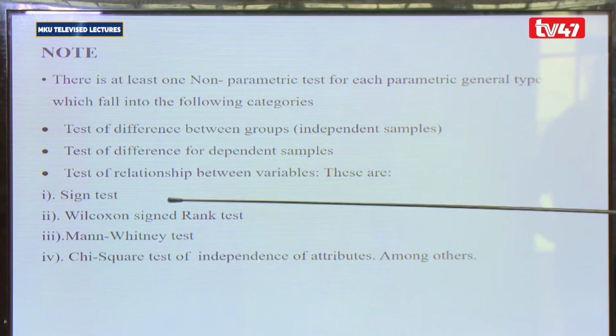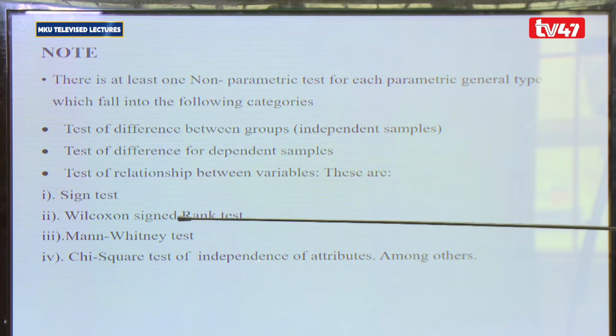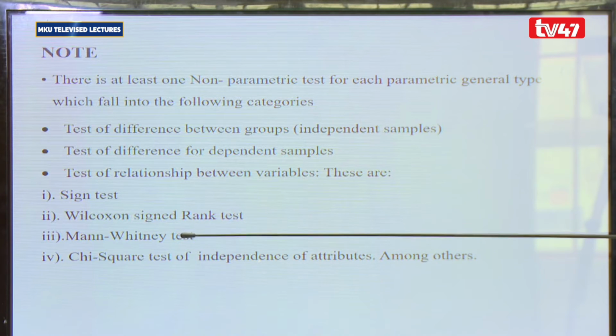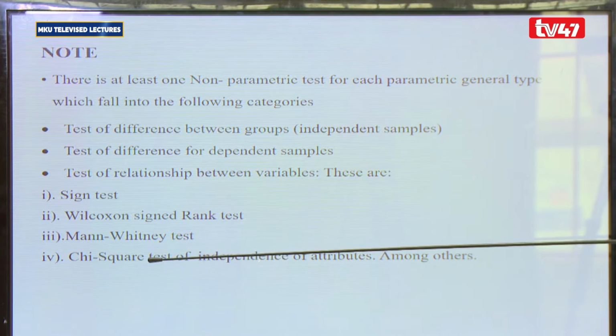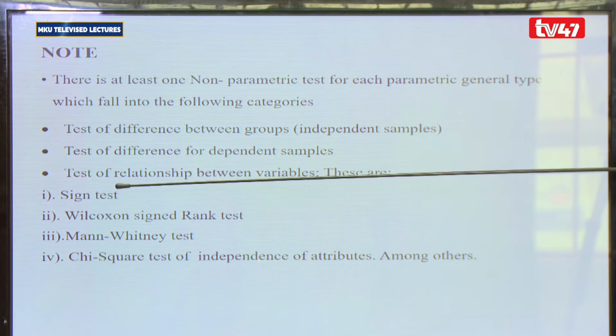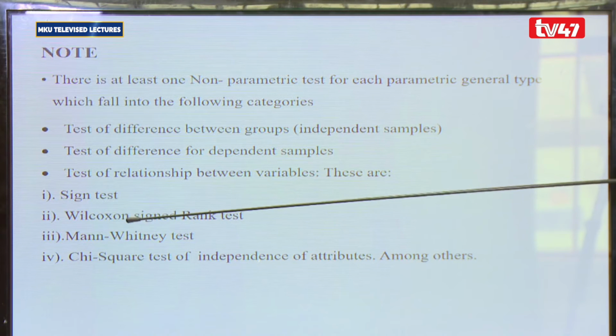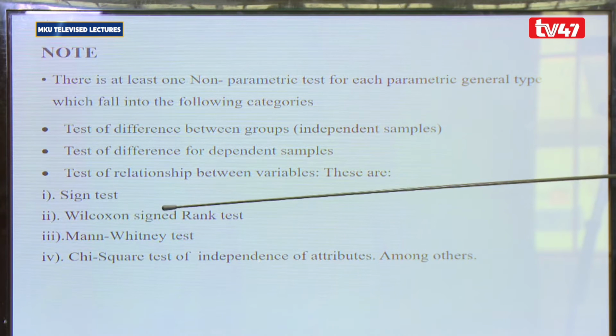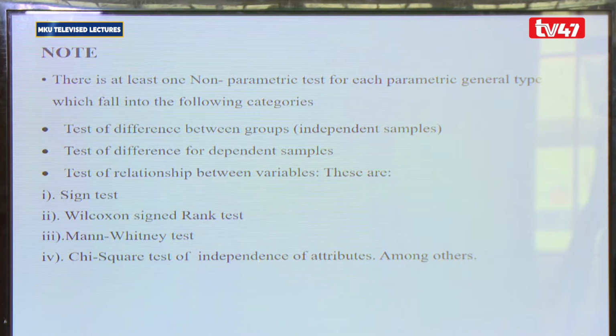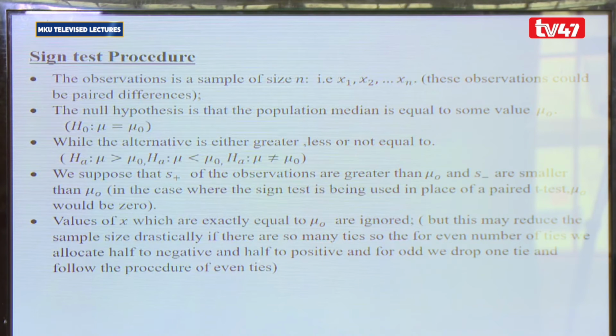These tests fall under the sign test, Wilcoxon signed rank test, Mann-Whitney test, and we also have the chi-square test of independence of attributes, among others. For this lesson, we shall only look at three examples concerning the sign test, Wilcoxon signed rank sum test, and Mann-Whitney U-test statistics.